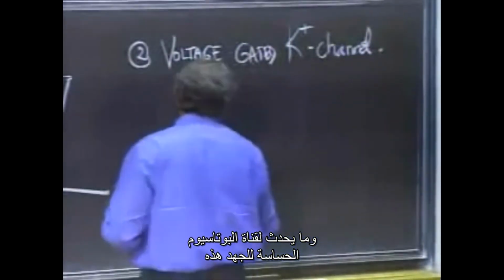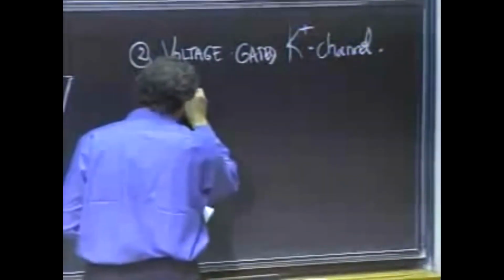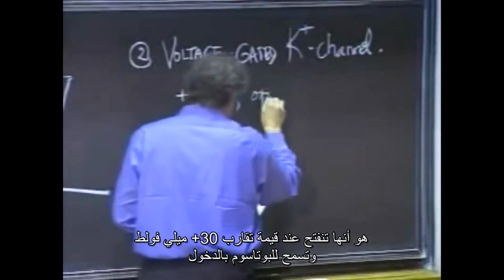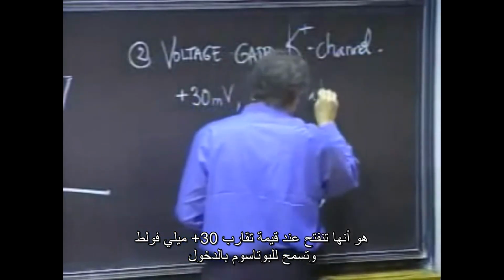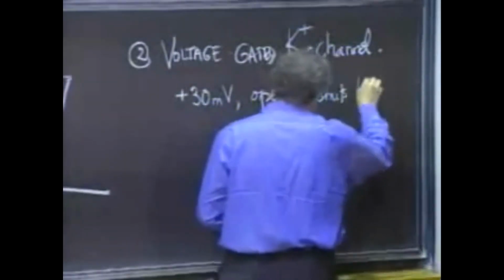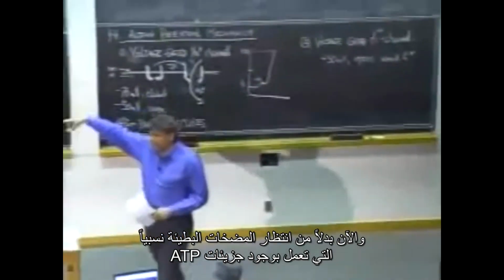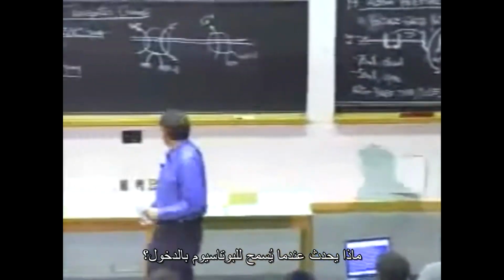Around plus 30 millivolts, this voltage-gated potassium channel opens and admits potassium. Now, instead of having to wait for the relatively slow ATP-driven pumps, what happens when I admit potassium?